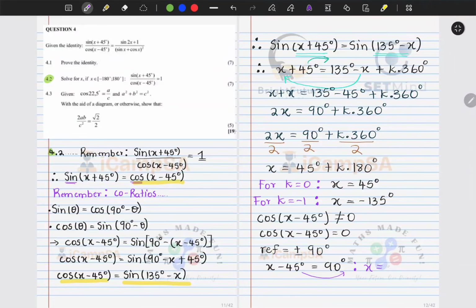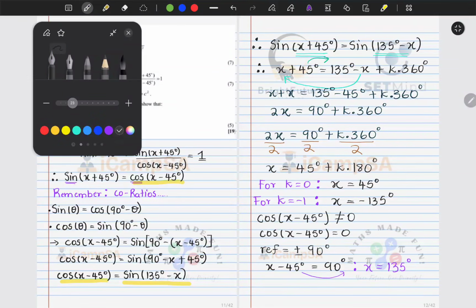Now, if you observe carefully, you'll end up getting 135 as your angle here. So x is 135 is one of the solutions that we end up getting here.